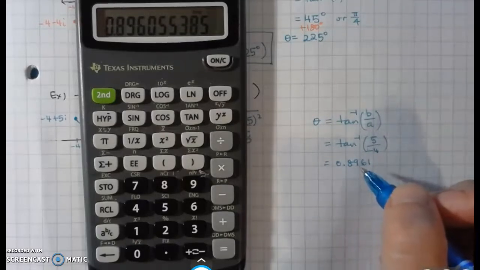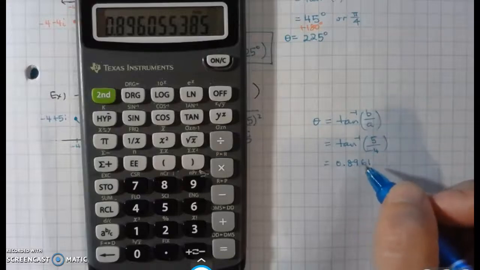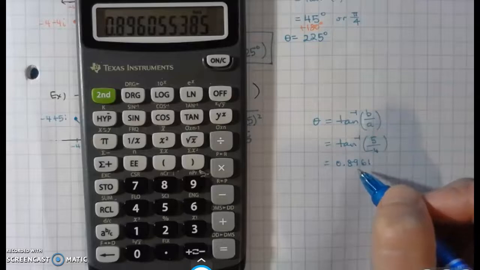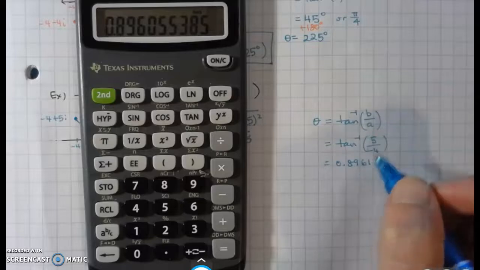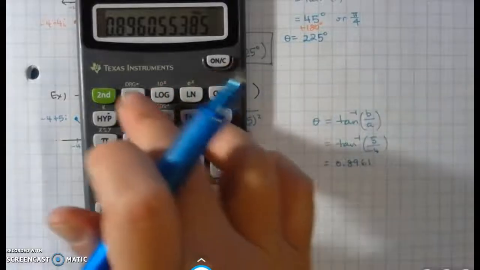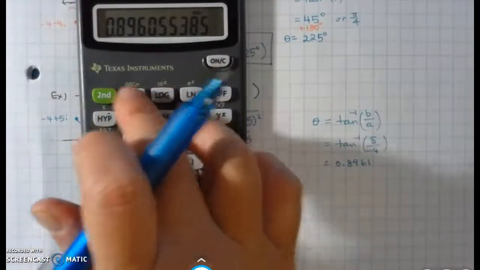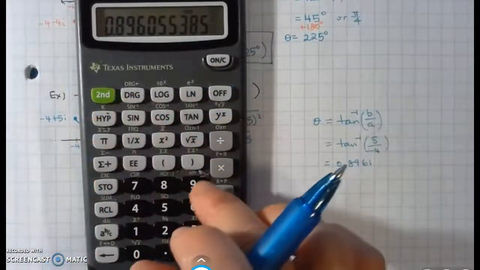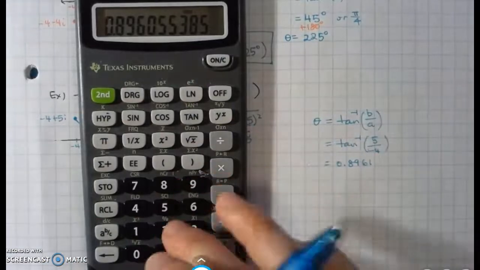0.9 radians is close to, pi is 180 degrees. Let's just check that. If I change that to degree mode, what angle is that going to give me?